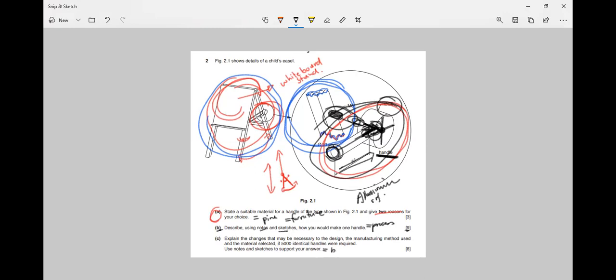Okay, you're going to be using batch production. Yes, batch production, because they're asking you to create 5,000 identical handles. The only way to do that is by using batch production.